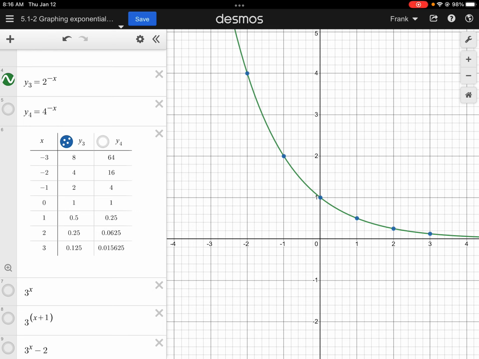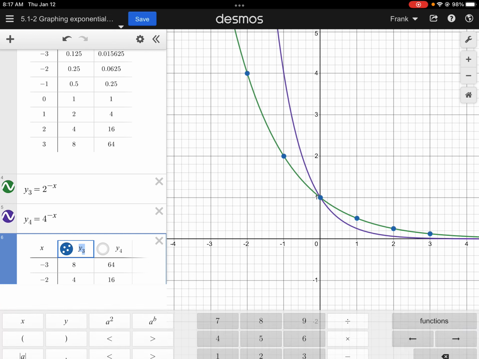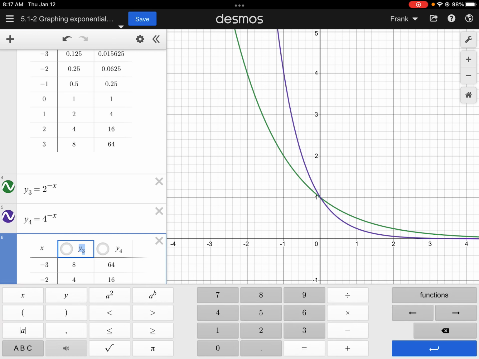Let's look at the next function, y equals 4 to the power of negative x. So we have our points, we connect it with a smooth curve, and here you can see that when the base is increased, this function is decreasing much faster when we're looking at the graph from left to right. So just a couple of things. Let me shut these points off. I'm just going to look at the functions themselves.